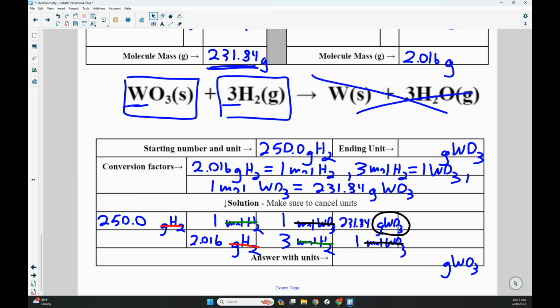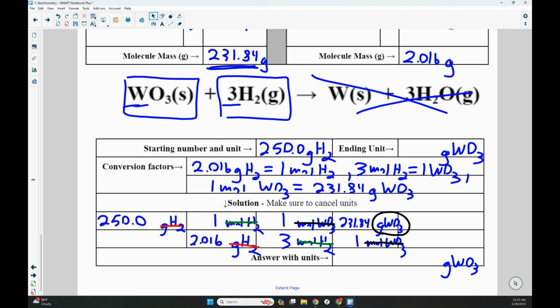Now we're going to multiply on top and divide down. So the way that we punch this into the calculator is we take 250 times 231.84 divided by 2.016 divided by, again, 3, and then we hit enter. Notice we only hit enter at the end.